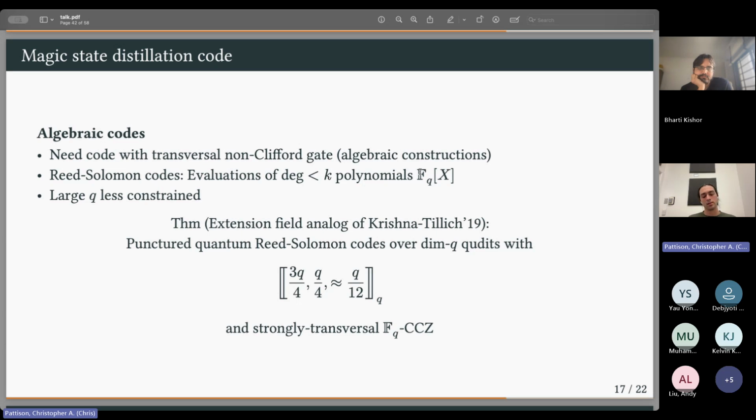And don't worry about the technical bits of that statement. Just know that this is the necessary ingredient that we need to do state distillation, except now we're working with qudits of size 2 to the n, for n somewhat large.